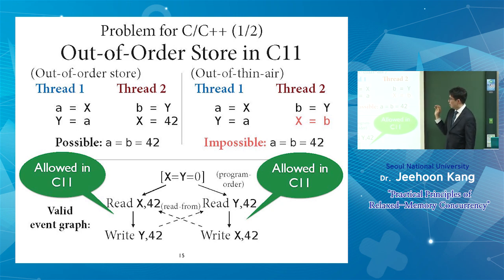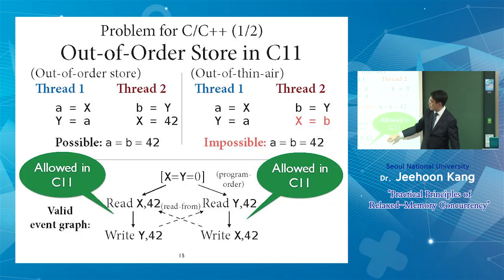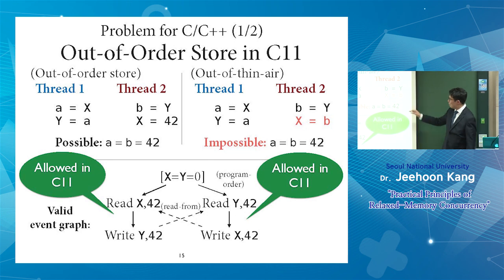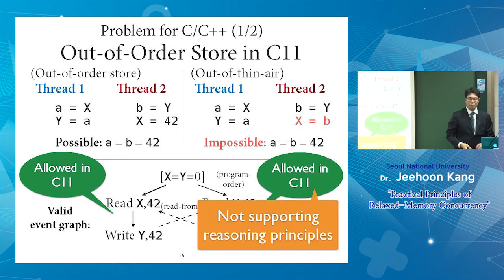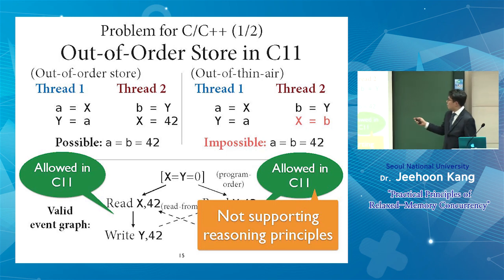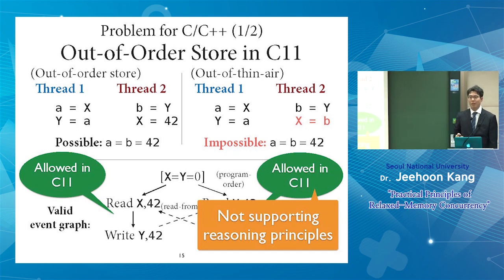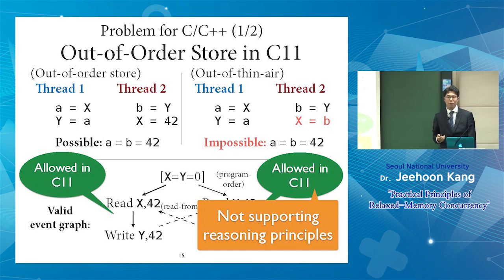However, C11 allows this behavior because there is a justifying event graph. This mismatch between reality and the C11 model is in fact problematic because, because of this strange behavior, C11 doesn't support many reasoning principles such as the data race freedom theorem or program logics.